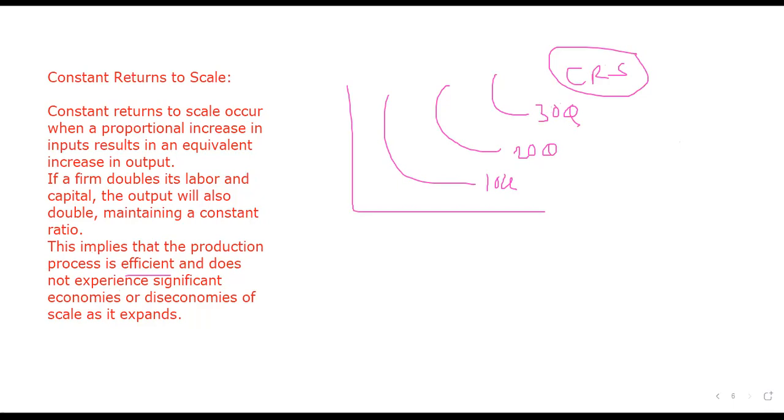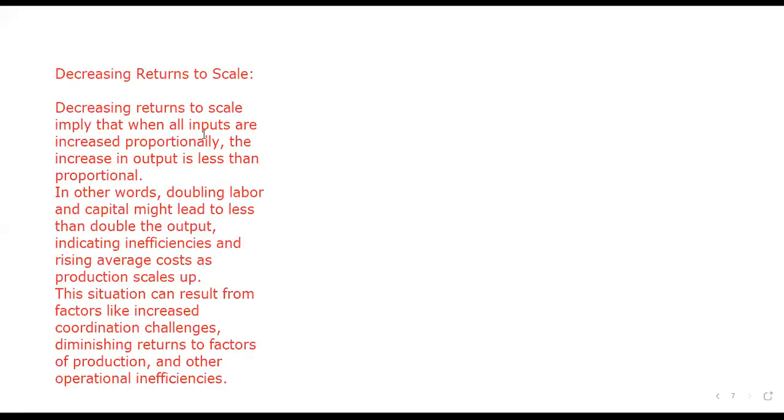Of course, the worst of this is the last part, which is called the decreasing returns to scale. This purely is as a result of operational inefficiencies that an organization may incur. So decreasing returns to scale usually will occur when all inputs are increased proportionally, then the output is less than the proportion of the increase. So this could be epitomized by the following isoquants.